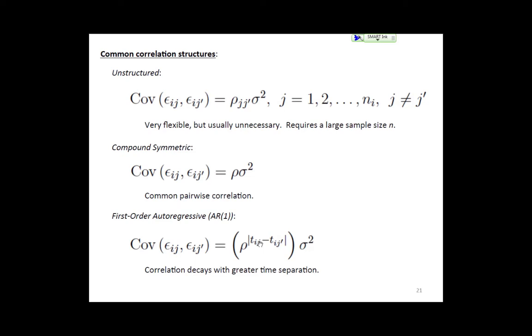Then there's common pairwise correlation within that one class. There could also be a two-class problem where you take my blood pressure 30 times, and you take your blood pressure 30 times, and let's compare us. Now there's correlation in my group, and there's correlation in your group.